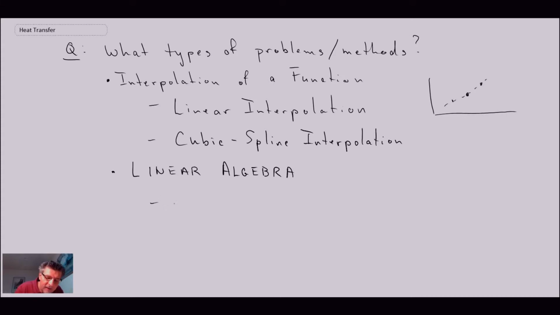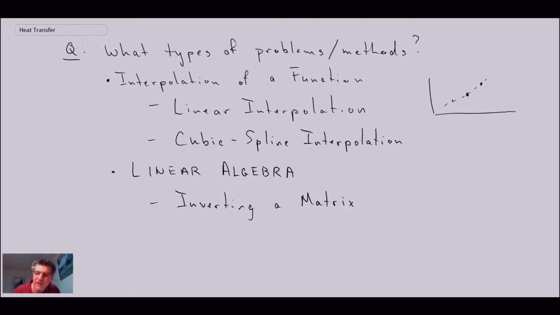And with a system of equations, quite often what we end up doing is inverting a matrix. And so in numerical methods, there are ways that you can do matrix inversion. Now, I realize that we today have very modern tools such as MATLAB and Mathematica, things like that, that enable us to do this quite quickly. But with numerical methods, you can develop programs for inverting a matrix.